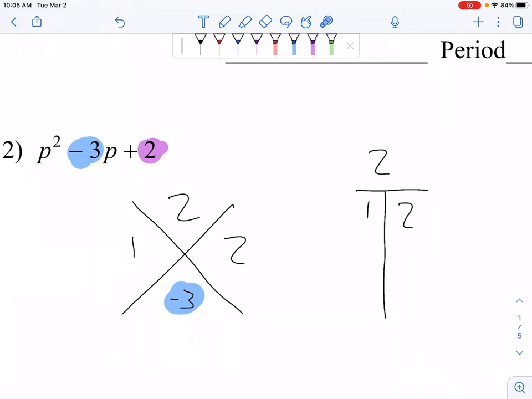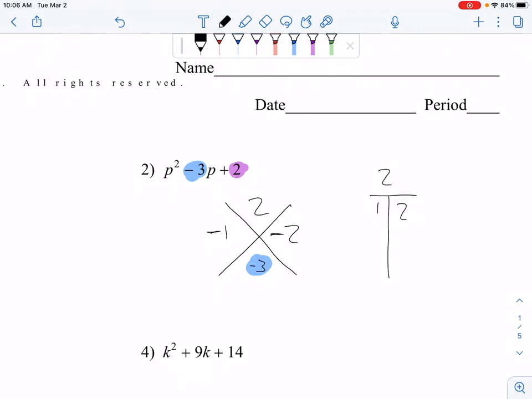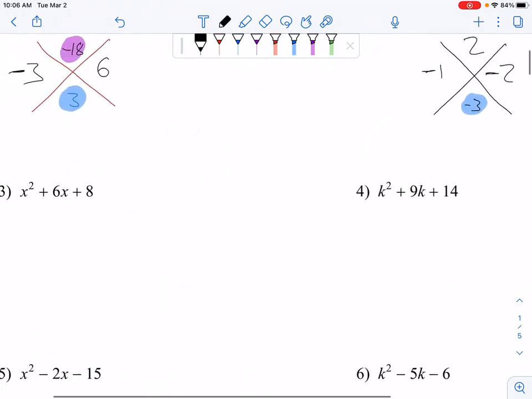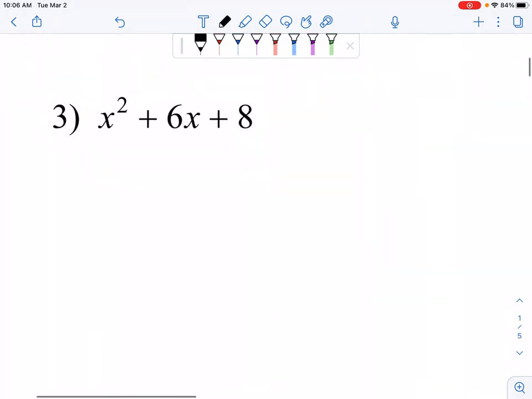In order to get a positive on the top, these have to be the same sign, but in order to get a negative on the bottom, they're both going to have to be negative. So figuring out the positives and negatives is going to be the most challenging part of this. With the charts, I've taken the thinking of the numbers out of it, so at least there's that, but there is still some figuring out you have to do here.